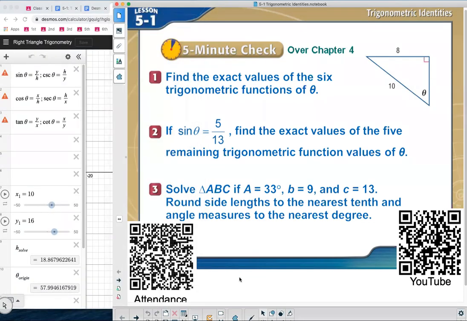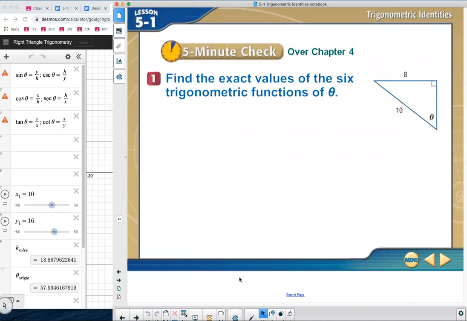Let's take a look at problem number 1. It says find the exact values of the 6 trigonometric functions of theta. So we had rules in chapter 4, specifically on lesson 4.1. I told you if you're solving a triangle, you want to make sure your 2 angles are located where?